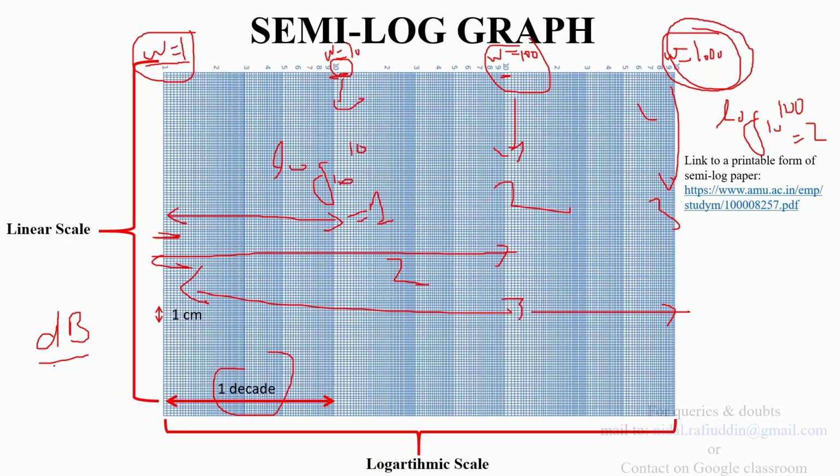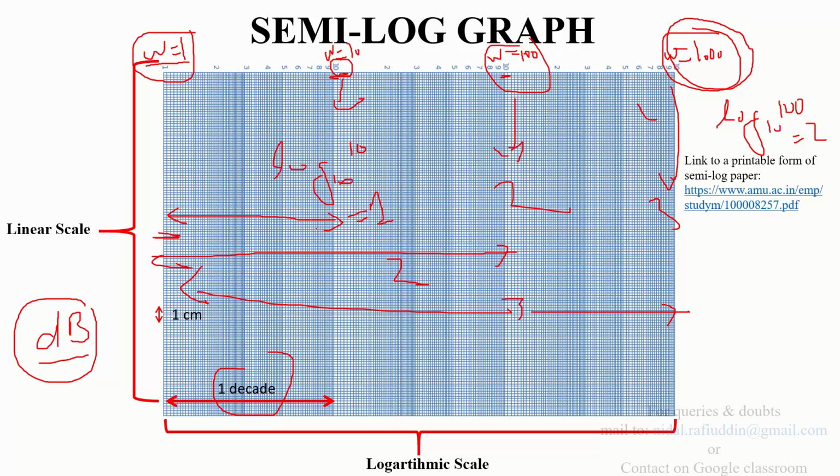So on the y-axis you have a different sense of drawing, and on the x-axis you have a different sense of drawing. If you try to study this, you will come to know the difference that exists between the x-axis and y-axis.